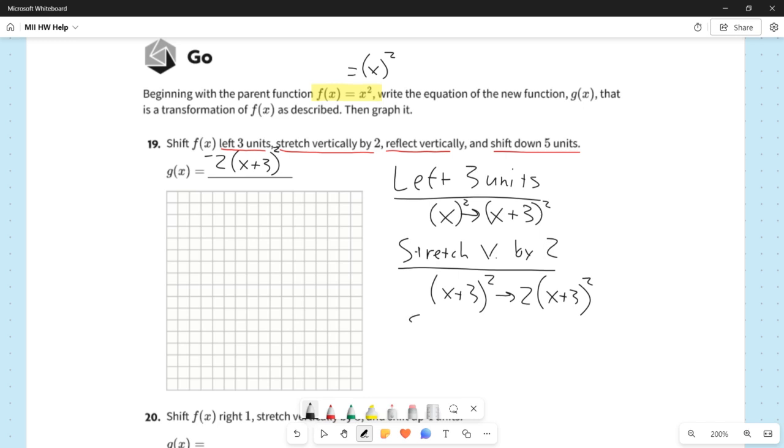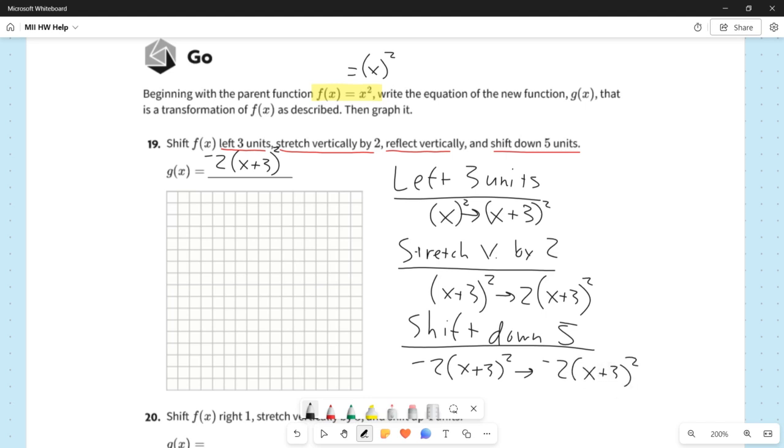So when we shift something down, we shift it down 5. That means we're going to take everything that we have so far, which is negative 2, x plus 3 squared. We're going to take the entire thing and keep it, quote unquote, the same, except when all said and done, we're going to just subtract 5.